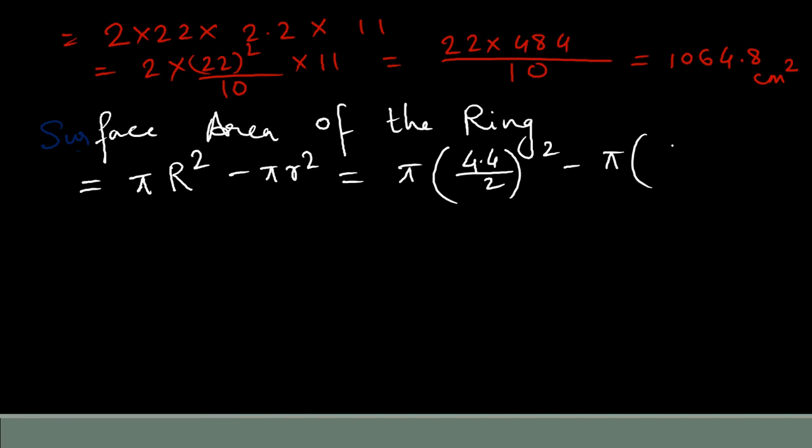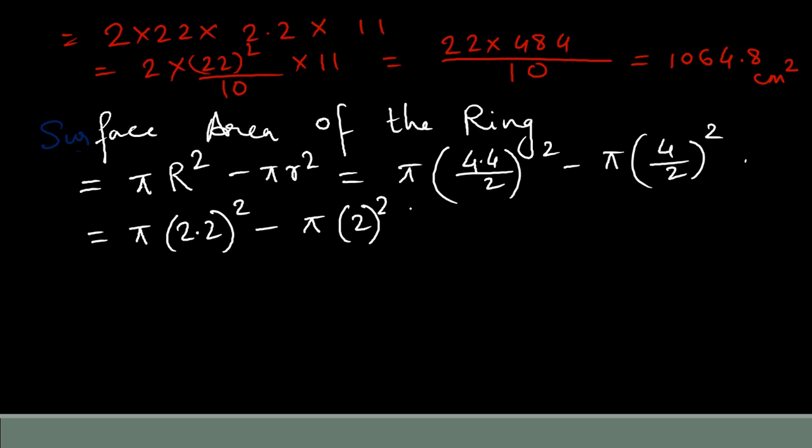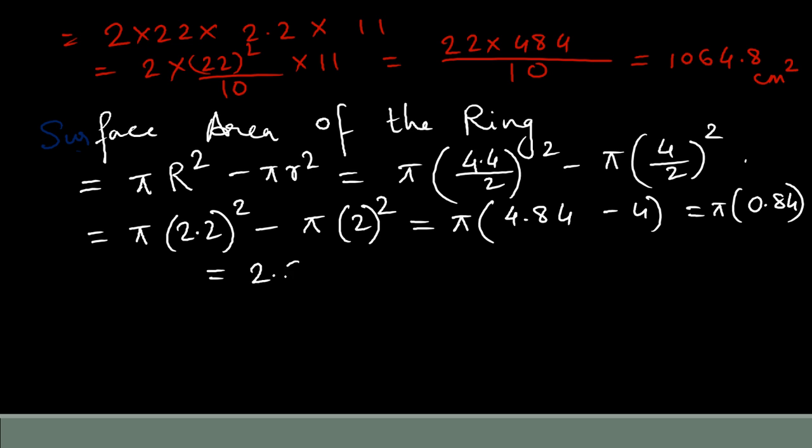It's like 4 divided by 2, right? So this will give us pi 2.2 square minus pi 2 square, right? So pi is common, 2.2 square is 4.84, minus 4, which will give us pi times 0.84. If we calculate this, you will get it as 2.64 centimeters square. Okay, so this is the surface area of the ring.